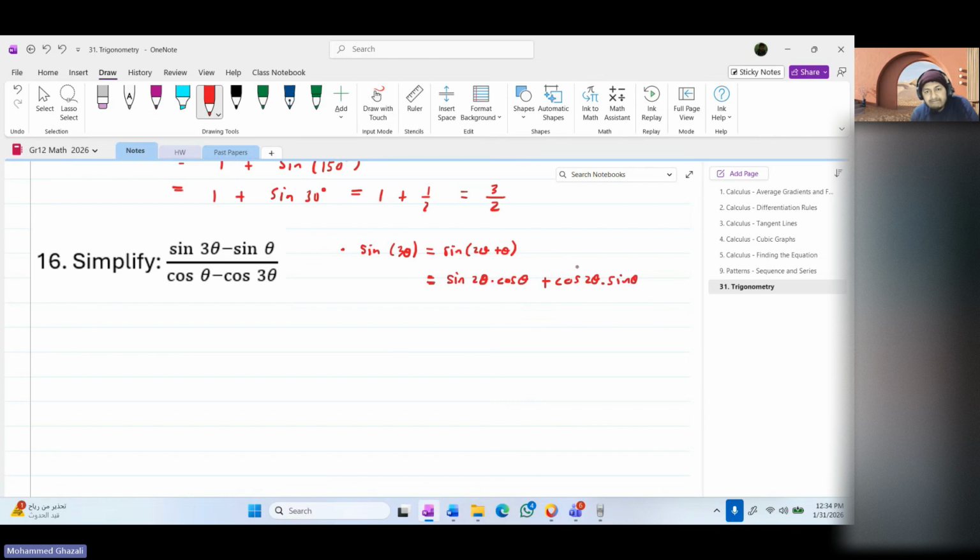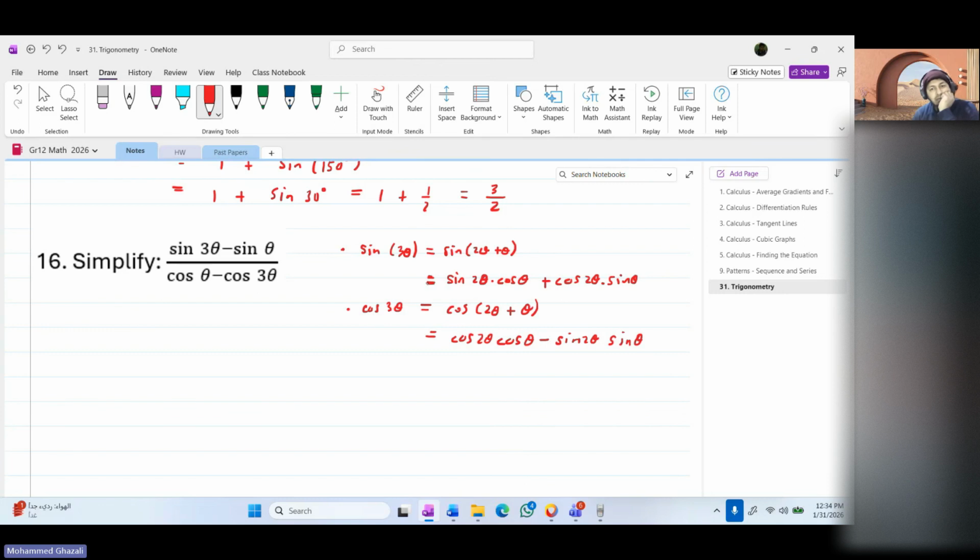And cos 3 theta at the bottom will expand to cos of 2 theta plus theta, that's cos 2 theta cos theta minus sine 2 theta sine theta.